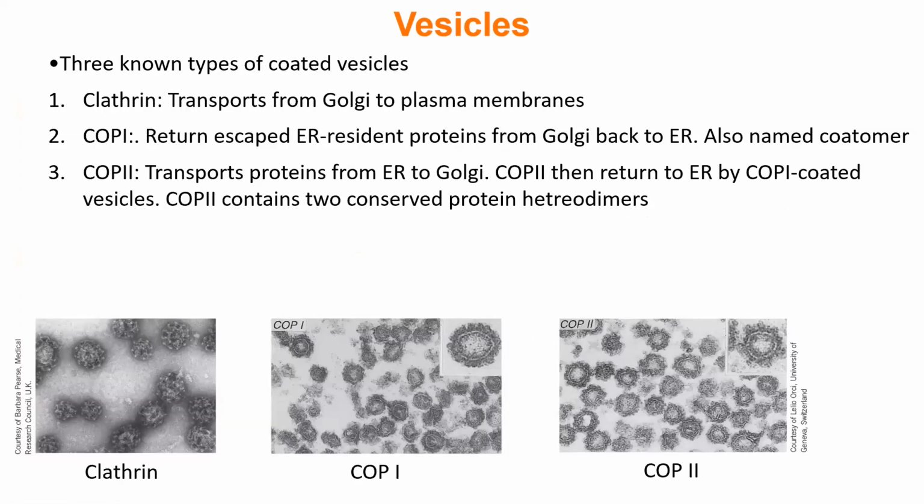Now, like I said on the previous slide, these vesicles are actually coated with proteins. And right now, we know of 3 types of coated vesicles. And the proteins that coat these vesicles are called Clathrin, COP1, and COP2.